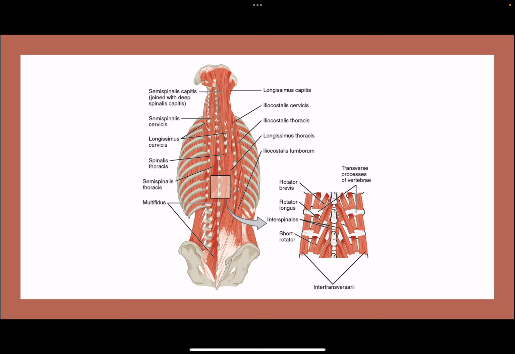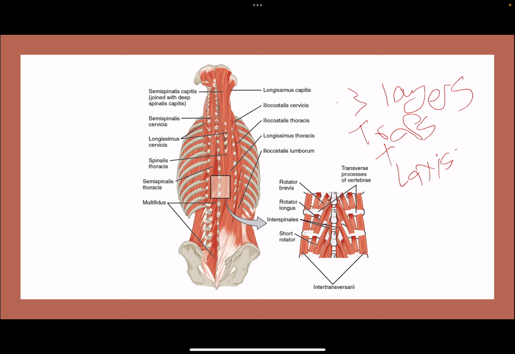Here are the back muscles. Back muscles have three layers. The first and superficial layers are trapezius and latissimus dorsi. What about the other two layers?